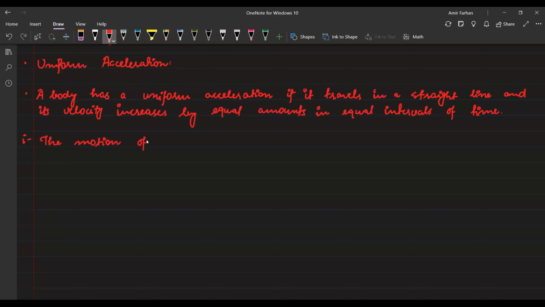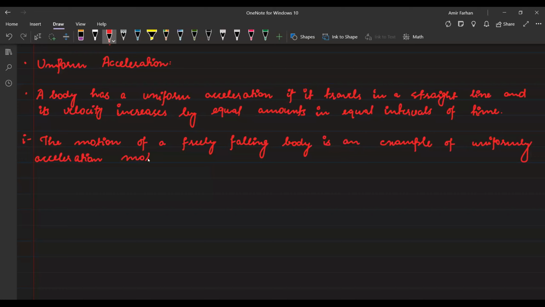The motion of a freely falling body is an example of uniformly accelerated motion.